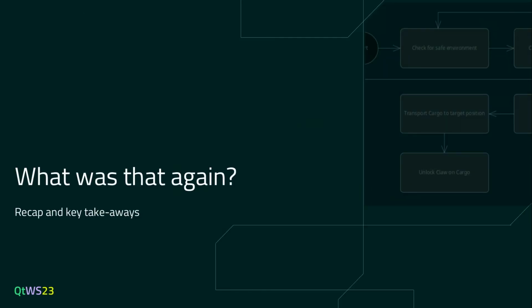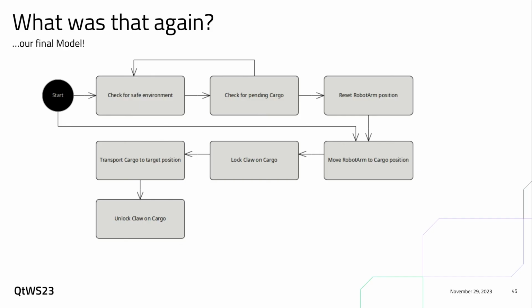Let's get to our recap and the 5 key takeaways I promised to give you at the beginning. First, let's take once more a look at our final model. Here, I took the liberty to arrange all in a nice way. Here we have, for example, this little model we created, and it's almost the same, but here is one distinct difference.